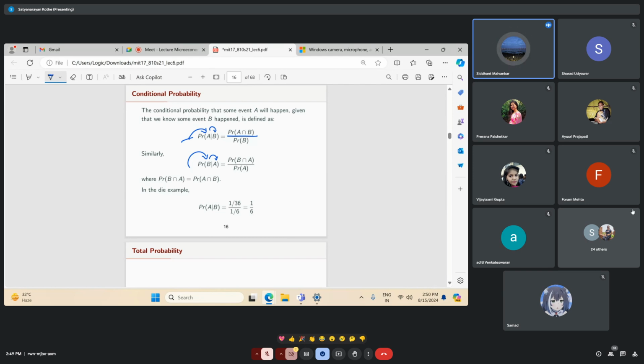Then the probability of B given A equals the probability of the intersection of the B, A sets to the probability of A. Now, where the probability of B intersection A and the probability of A intersection B equalize each other, then what will happen?